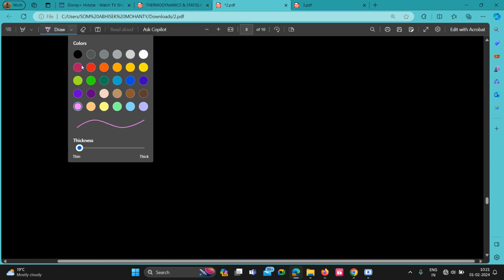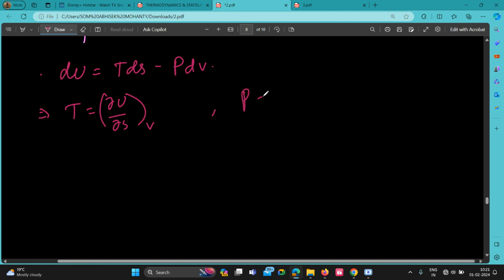dU is equal to T dS minus P dV. So T is equal to del U by del S at constant volume. P is equal to minus del U by del V at constant entropy.